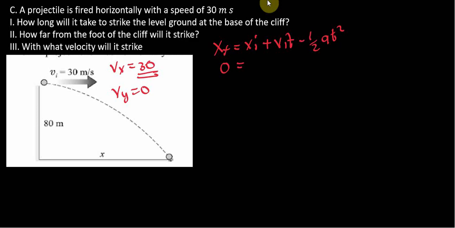Displacement is 0 there because we don't know the exact, but how about initial? It's h plus initial velocity in the y-axis, which is 0. Then the gravity 9.81 times t squared there.